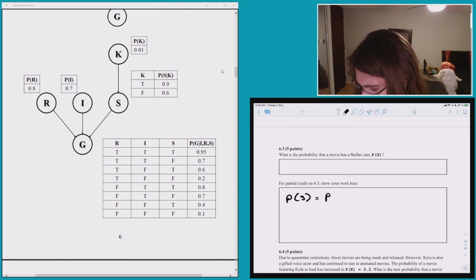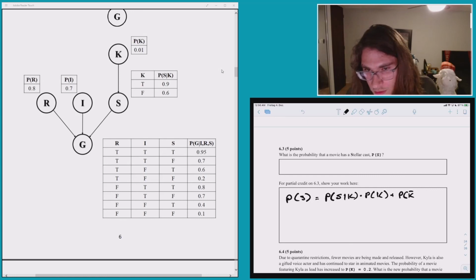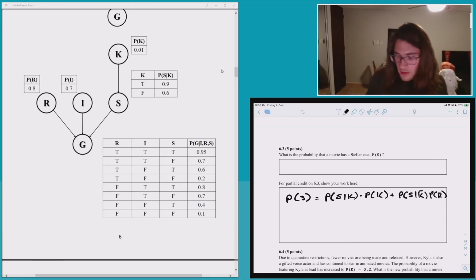So the way I would write this is the probability of S given K, and now via the chain rule, times the probability of K, plus the probability of S given that K is false, that's in the probability table, times the probability that K is false. And you might be asking, where the heck did this equation come from?